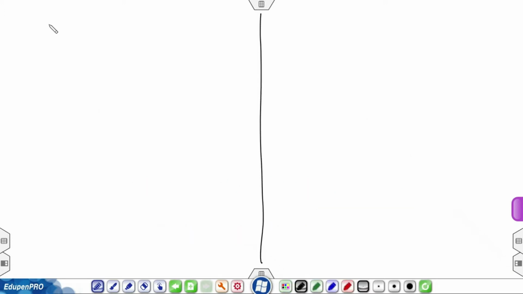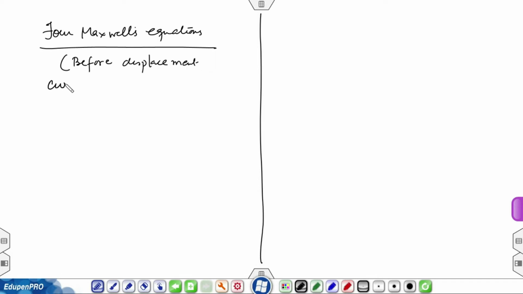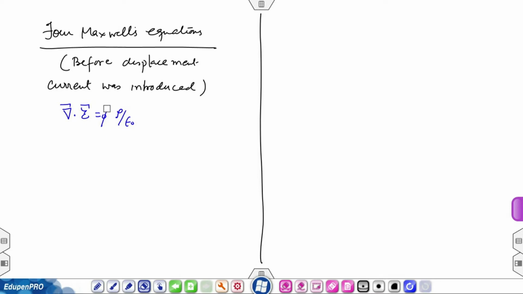So, the 4 Maxwell's equations before displacement current was introduced are: divergence of E is 0, or even better, rho upon epsilon 0 in presence of charges.